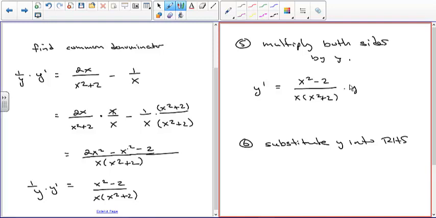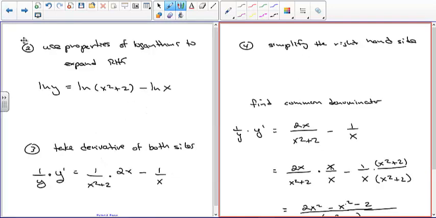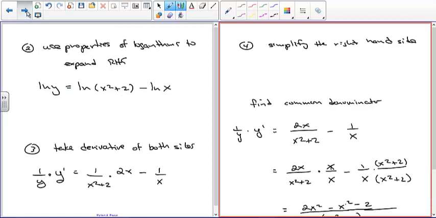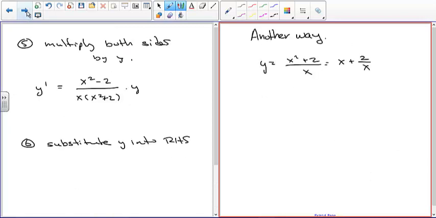So what I do is I go back to my original equation and I find out what y was. So y was equal to x squared plus 2 over x. Okay, so let me write that down. x squared plus 2 over x.